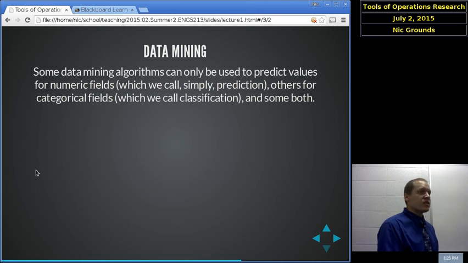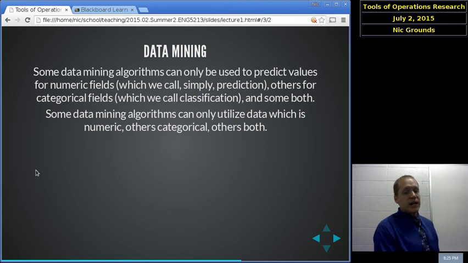Those simply are just terms we use. So we will say a data mining algorithm can either be used for prediction or classification or both. Some data mining algorithms could do both. And all we're saying is whether or not they can be used to predict, guess a value for a numeric field versus a categorical field.